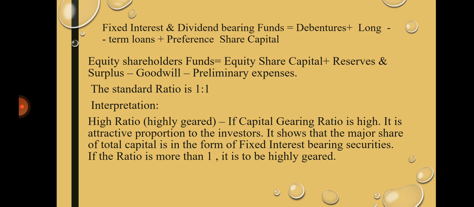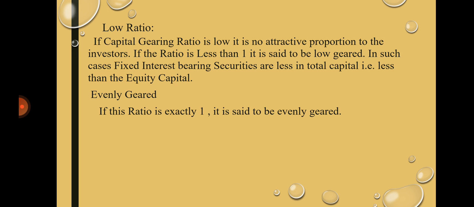If more capital is raised through fixed interest and dividend bearing securities, more investors will be getting a fixed amount of interest and dividends. And if the equity shareholders are fewer, then the amount of capital belongs to fewer equity shareholders. So all the investors of the business concern are on the safer side.